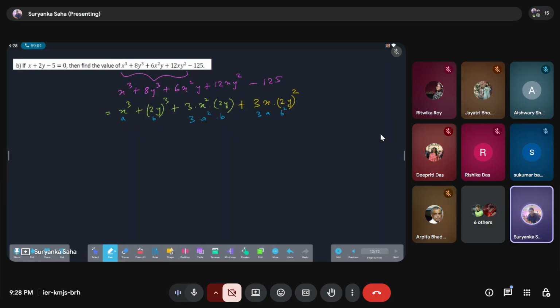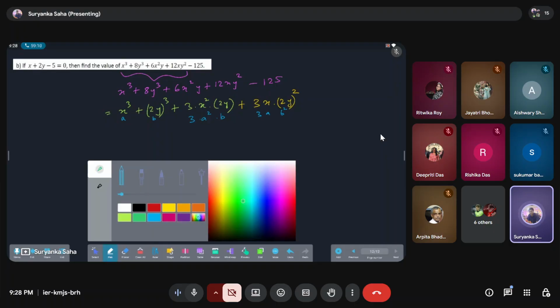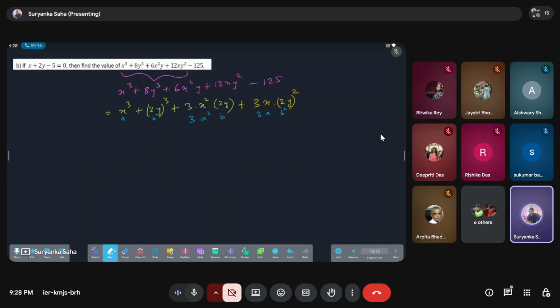Understood? So that will give you 12, no? 2 2s are 4. I am basically writing this in form of this. Understood? Please students, understand. Okay, 12xy I am writing like this.